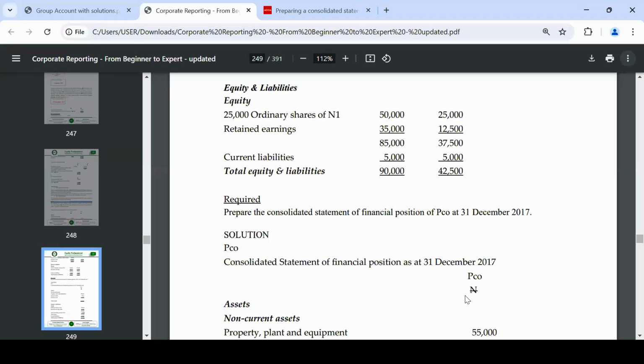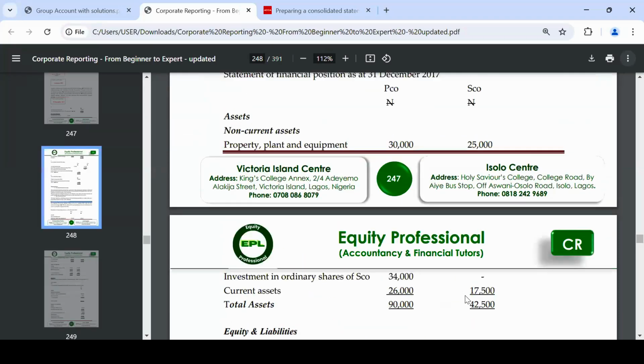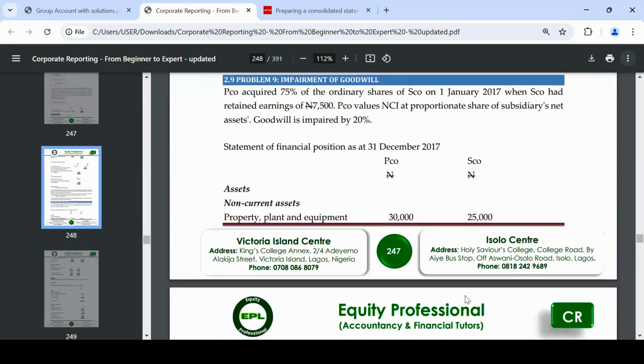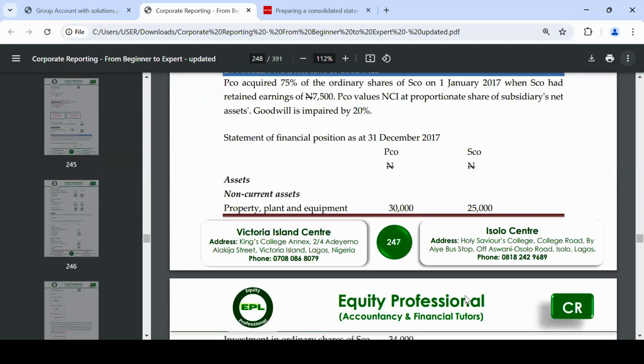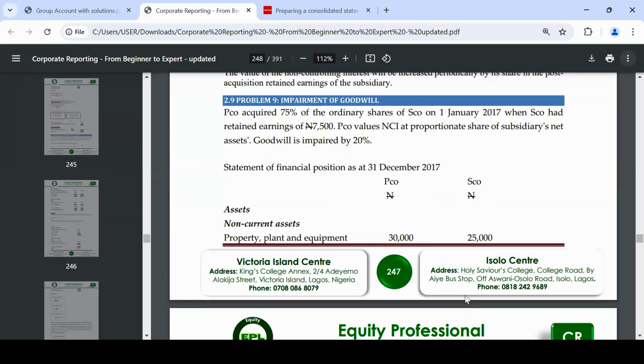Okay, what are the issues I itemized that we need to deal with first? First of all, what is the group structure? The group structure is such that PICO owns the subsidiary ESCO by only 75%.